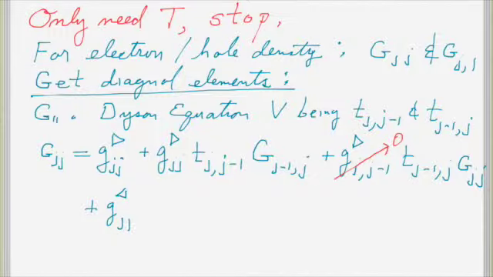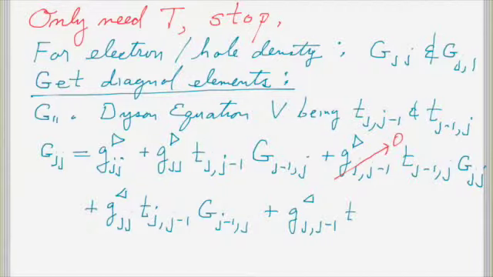So the left connected JJ, T J, J minus 1, big G J minus 1, J, plus left connected J minus 1, T J minus 1, J, big G JJ.